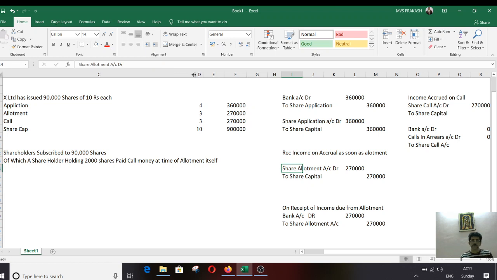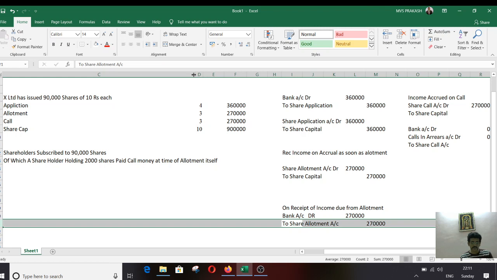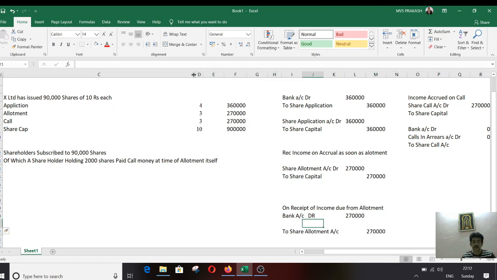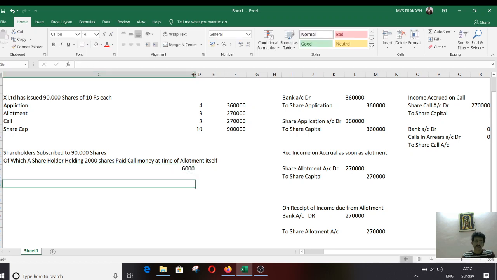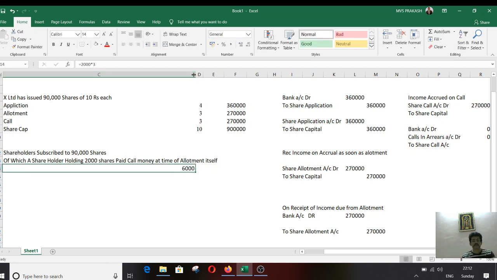Now we are passing a due entry for share allotment to share capital. There is no change even in this. But this entry is going to change. I am supposed to receive 2,70,000, but how much have you received? 2,70,000 is received, and you had 2,000 shares. On these 2,000 shares, that shareholder has to pay 3 rupees for call, that is 6,000 rupees. Instead of paying that at call, that person has paid the entire money at the time of allotment itself.